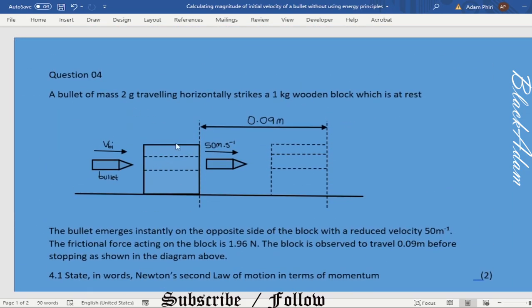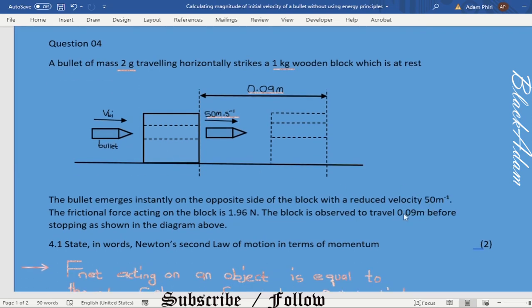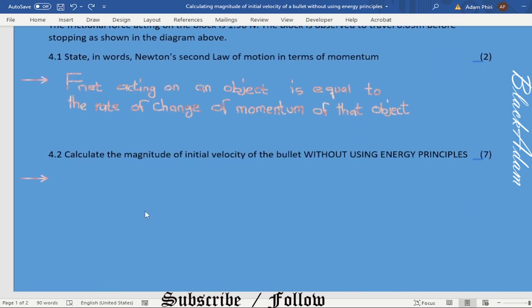So let us come to the information that we're given: mass 2 gram, and distance 0.09 traveled by the wooden object.